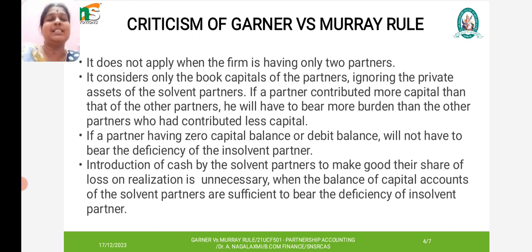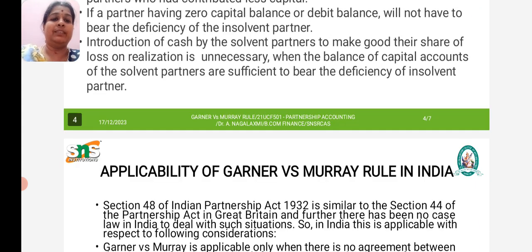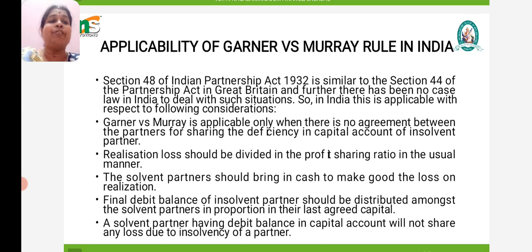These are all the criticisms of the Garner versus Murray rule. Applicability of Garner versus Murray rule in India. So here, this is not a case of India, but it is a case of an alien country. But that rule is applicable in India.